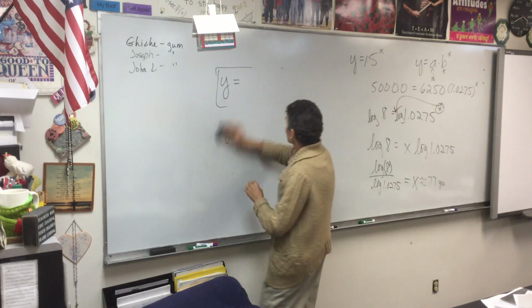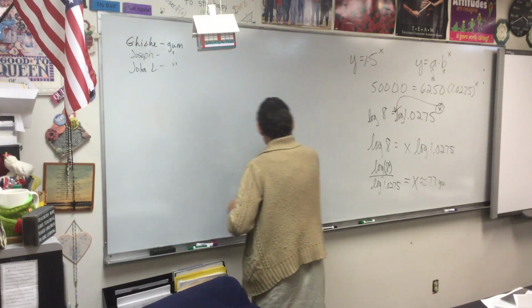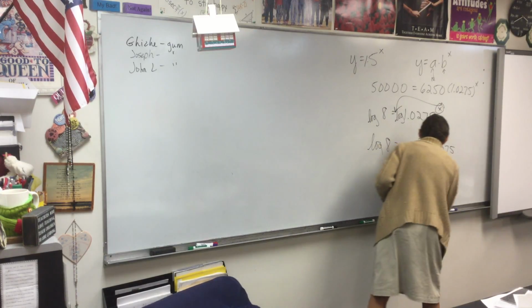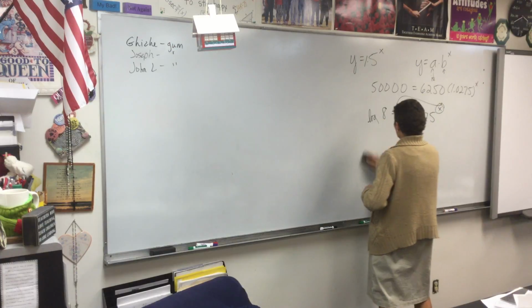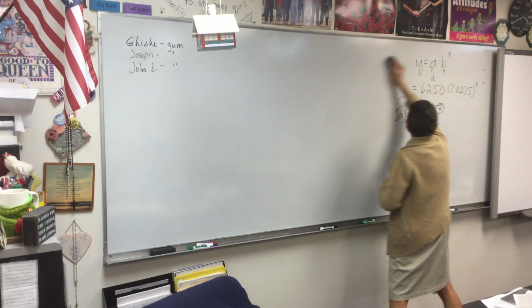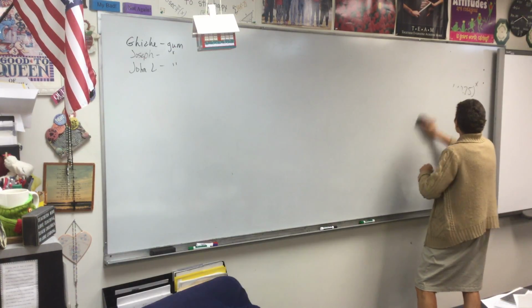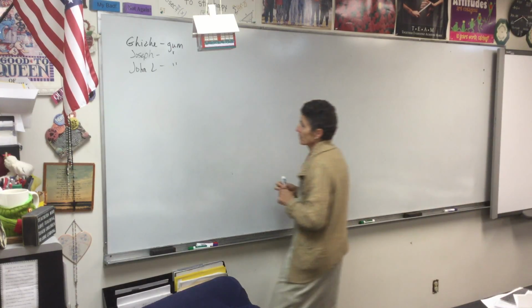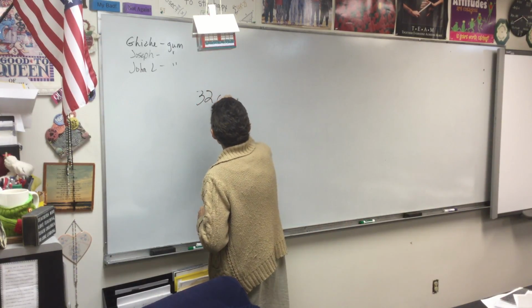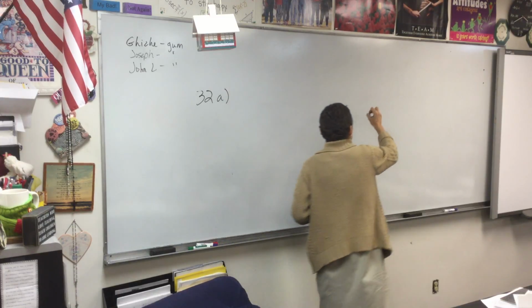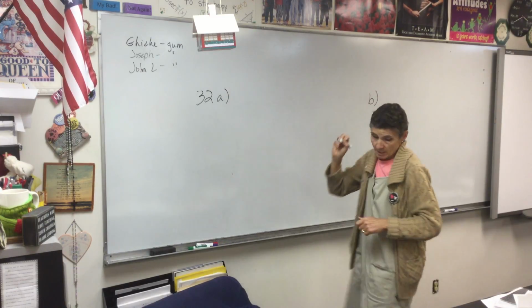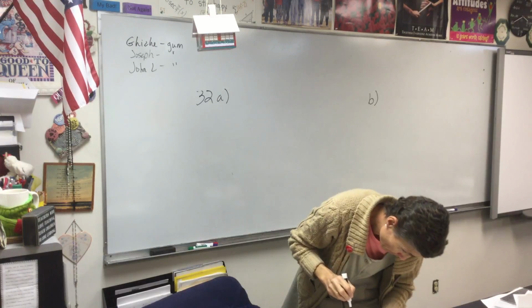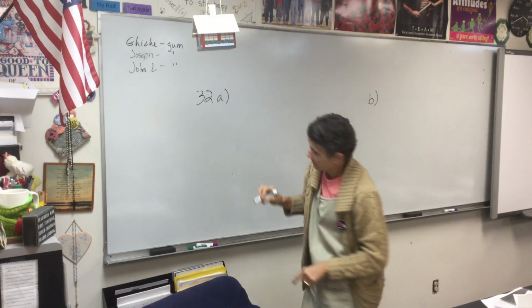And if I have someone who would be willing to put that up on the board for us. This is on page 297, problem 32, A and B, because that's the year. Your initial amount is number 50. And for A, we're only doing 1930.